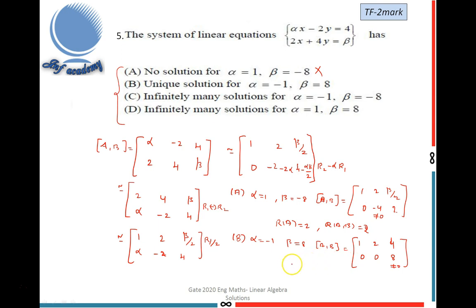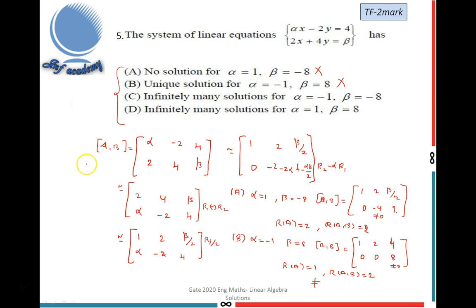In this case, r of A equal to 1 because number of non-zero rows in A is 1, but r of A comma B equal to 2. Number of non-zero rows in A comma B is 2. So these two are not equal. Not equal means it has no solution. So when alpha equal to minus 1 and beta equal to 8, this system has no solution. But here unique solution is given for alpha equal to minus 1, beta equal to 8. So option B is wrong.